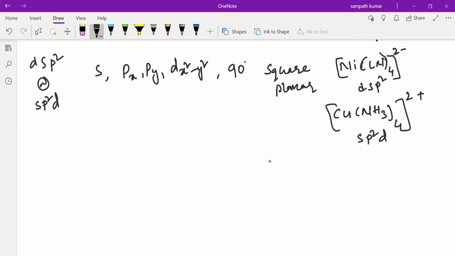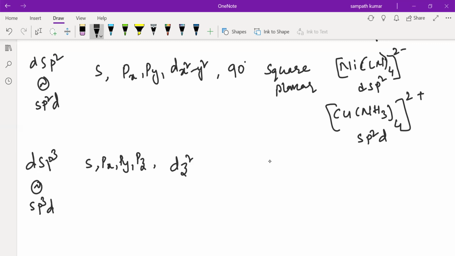As well as next one is dsp3, or sp3d hybridization. Here also the s orbital, px, py, pz orbitals, and the dz square orbital are participating. Is dz square an axial or a planar orbital?